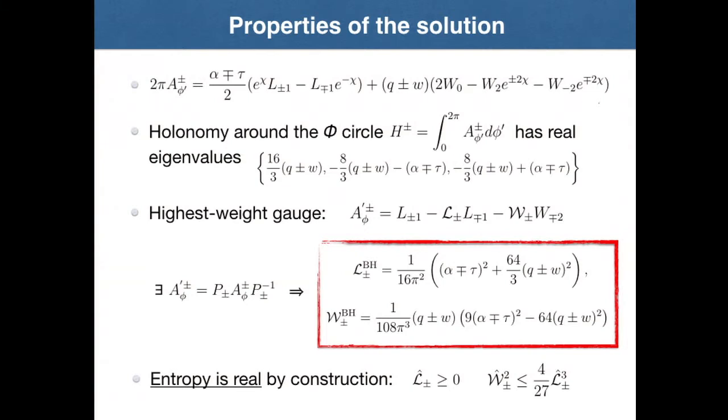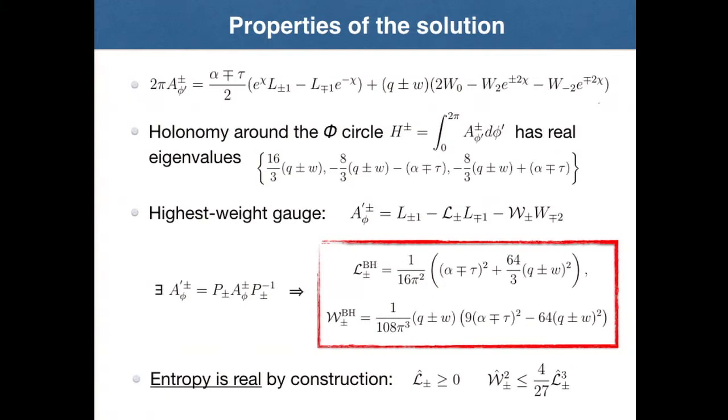But at least one observation is that it depends on all four quantities that we introduced, alpha, tau, q, and w. Another thing you can do is to take this solution and compute the holonomy around the angular circle. This gives you a first nice indication that what you have done is not completely crazy, because you discover that the holonomy has real eigenvalues, which is a property that you expect for a black hole. So up to this point, we are going well.